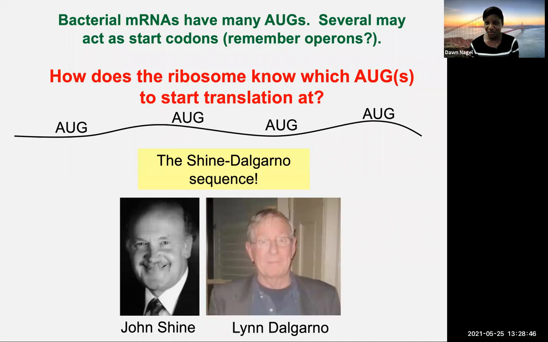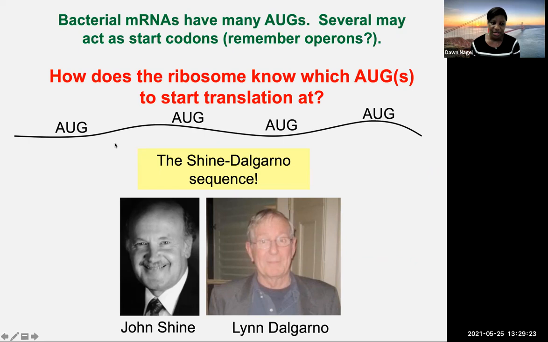So many years ago, John Shine and Lynn Dalgarno were doing studies on translation in bacteria, trying to see what features in the messenger RNA signal the binding of the ribosome to begin. Where does the ribosomal complex, with the ribosomal RNA and the different proteins, recognize the messenger RNA?